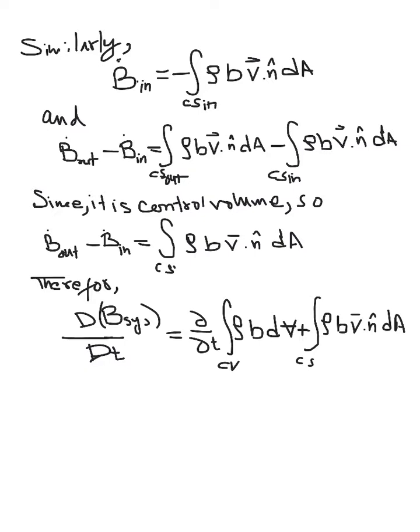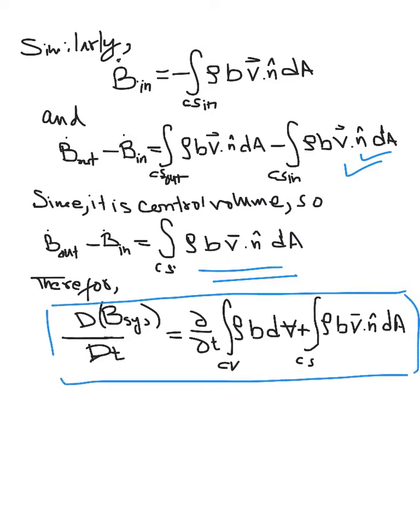Now similarly, the rate of extensive property going into the control surface can be written like that, and subsequently the difference is provided by this equation, and for our control volume it can be written like that. Now finally we have obtained the equation for our Reynolds transport theorem in a more compact form. So this is my Reynolds transport theorem.